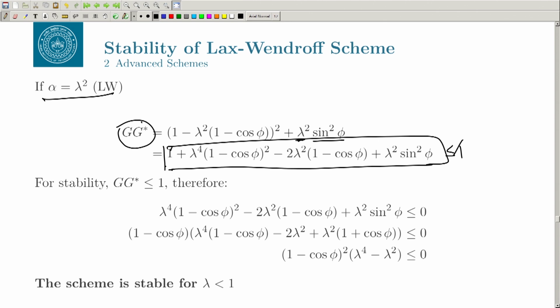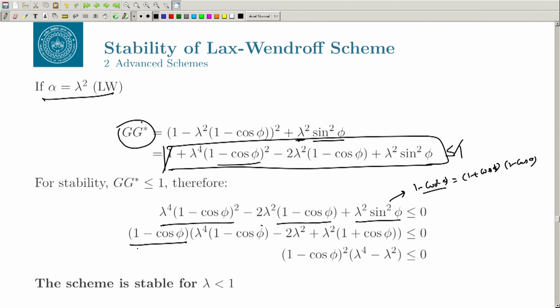So, the 1 will cancel out, and you will have an expression which is lambda to the power 4 (1 minus cos phi) square minus 2 lambda square (1 minus cos phi) and lambda square sin square phi. Take the 1 minus cos phi out. How can we take that out? Because sin square phi is 1 minus cos square phi, which is basically (1 plus cos phi)(1 minus cos phi).